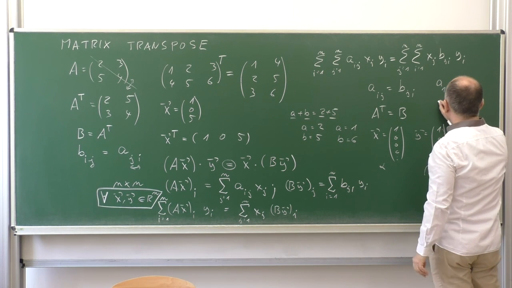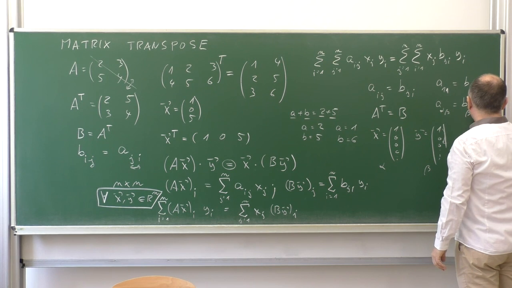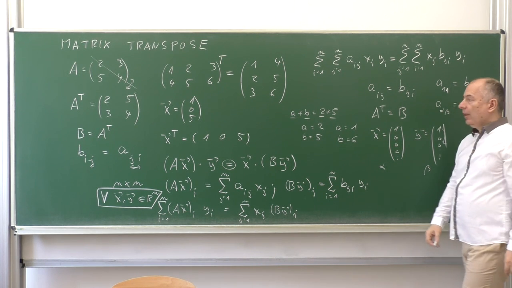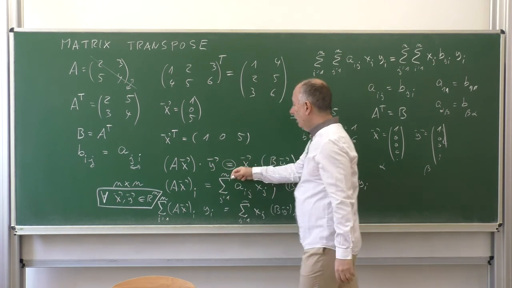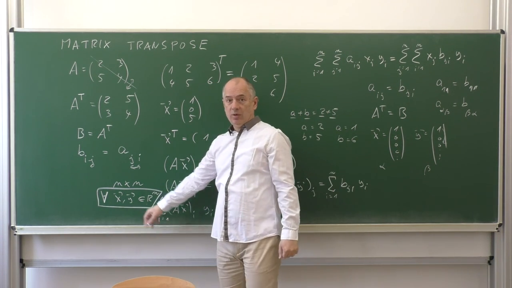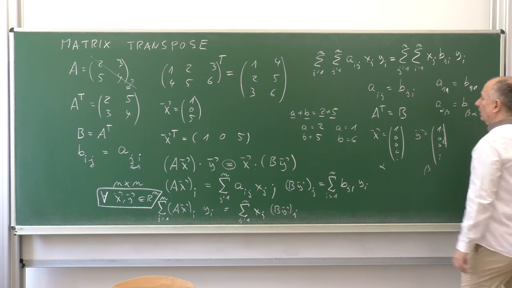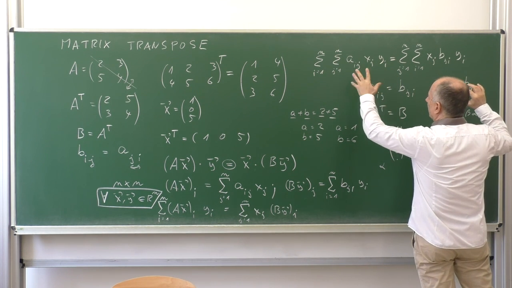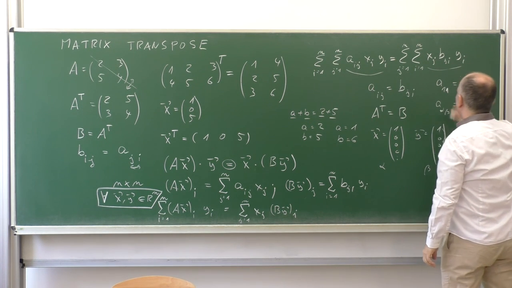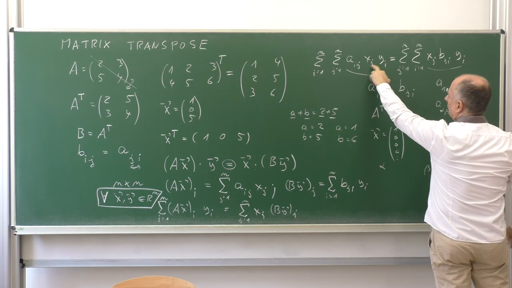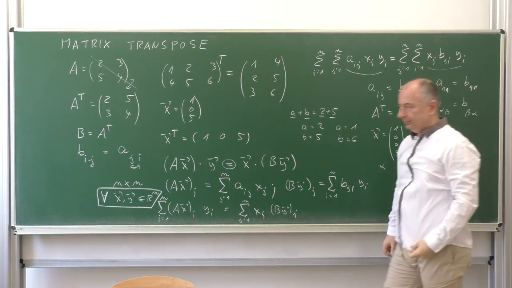So a_alpha,beta must be b_beta,alpha. You see? So only when we consider the condition that this should be true for all vectors x and y from Rn, then using this choice and this choice, we actually pick up just one term here and one term here, and then this is 1, and then a is b with these indices.